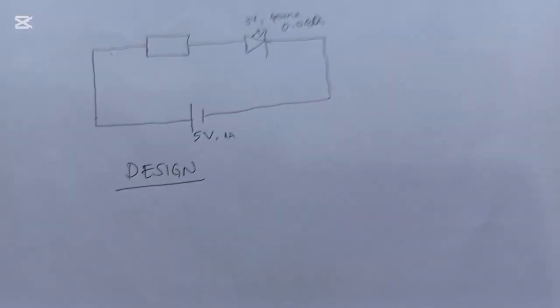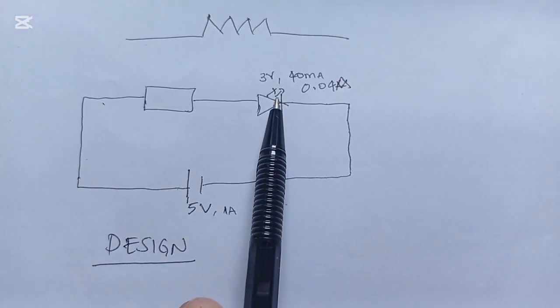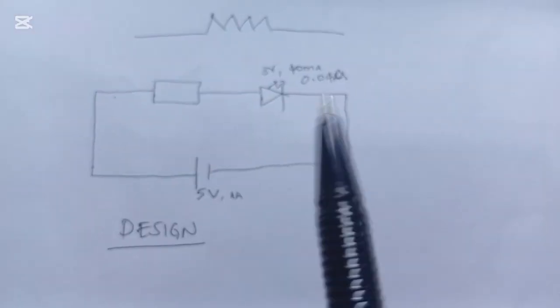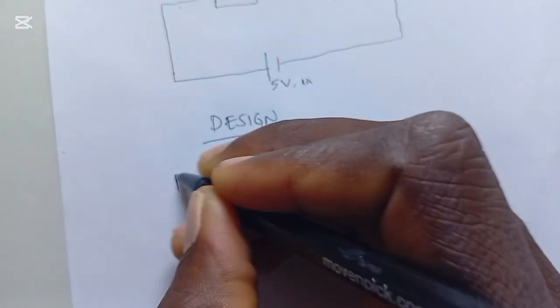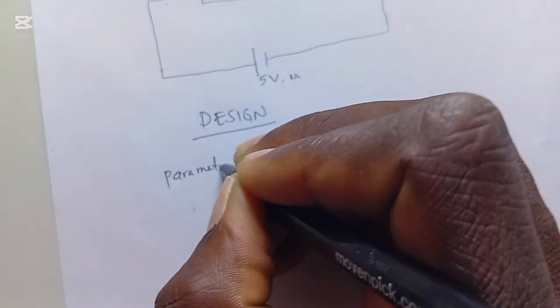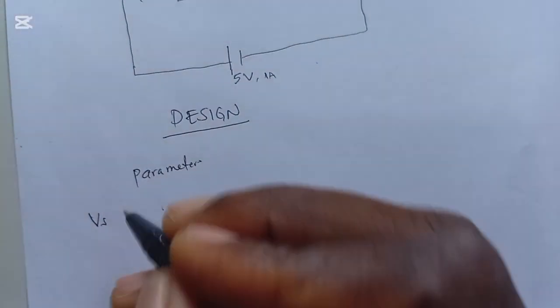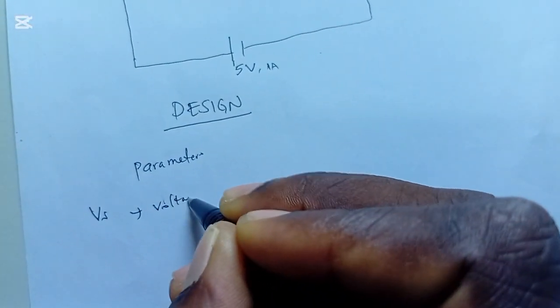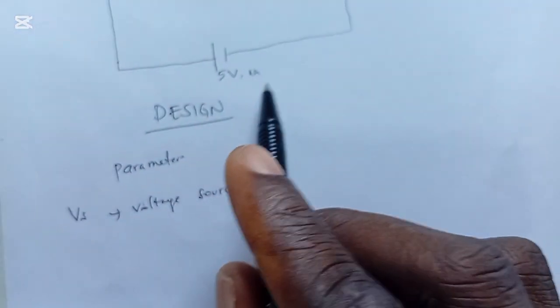Now, how do you calculate the value of the resistor? Here the resistor is unknown, but we want to power this LED having this specification. There are some important parameters you have to consider. First of all is the voltage source, or voltage supply. You have to know the voltage source, like in our case it is 5 volt.